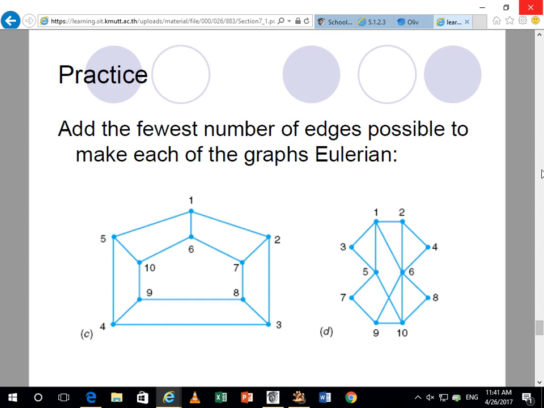Sorry? Eulerian trail or Eulerian circuit, whatever. Fewest number to make it Eulerian. C. Okay?